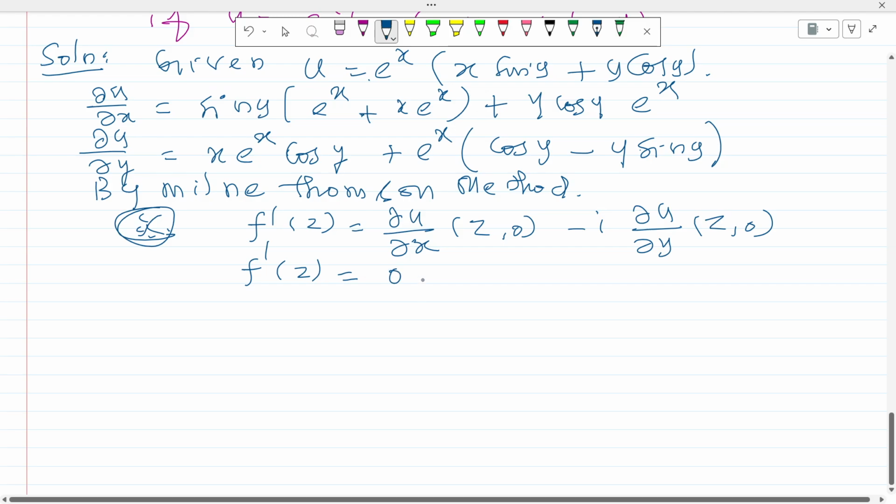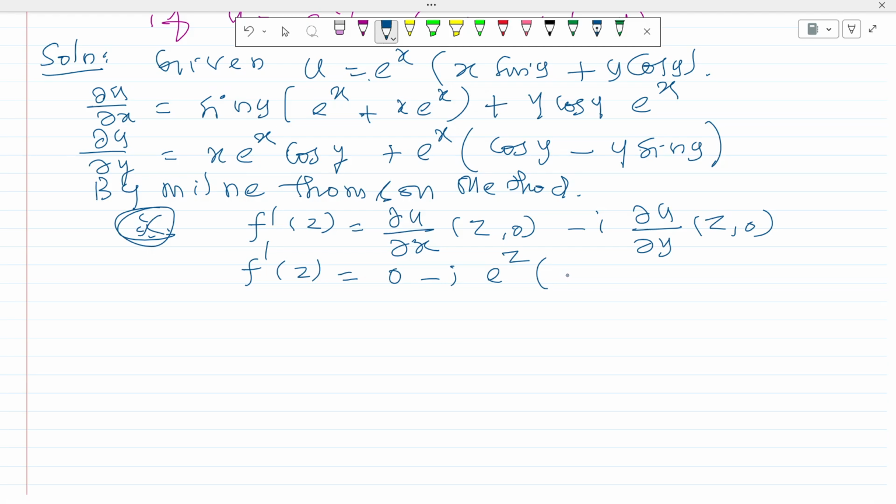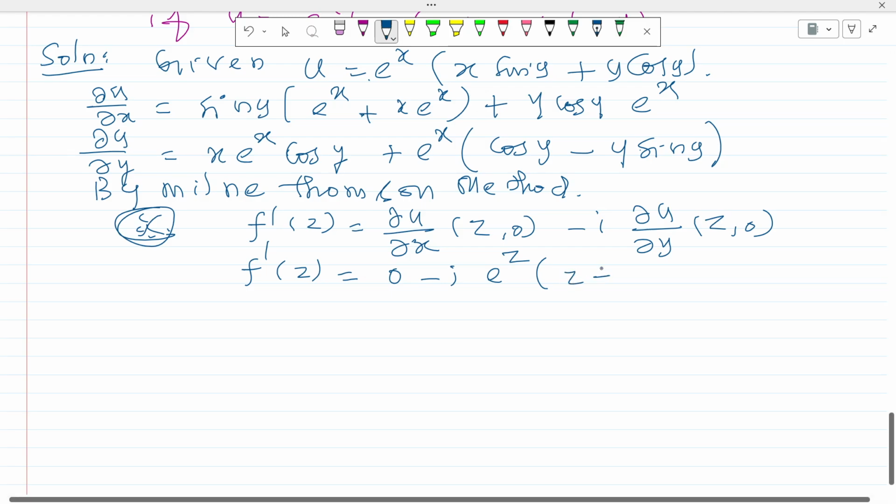Then minus i into e power z, with y equal to 0, you will get z plus 1 here. So therefore f of z equal to minus i into integral of e power z into (z plus 1) dz.